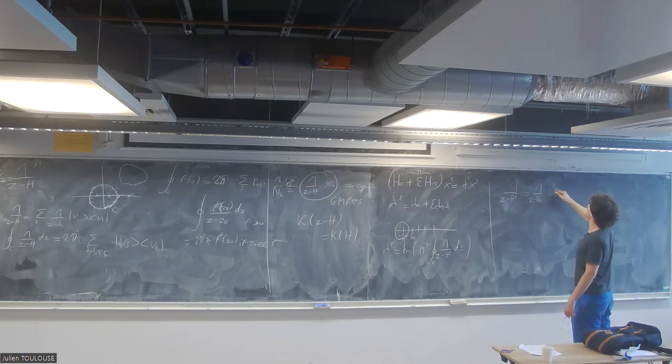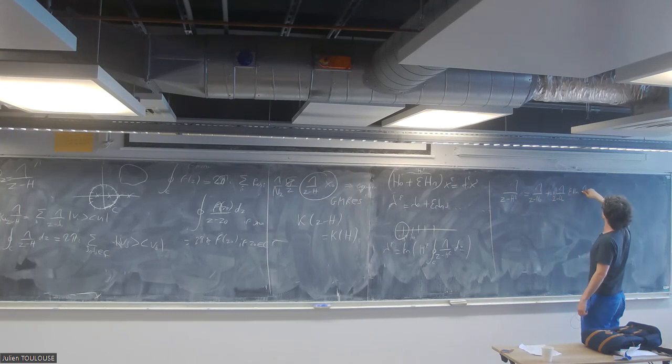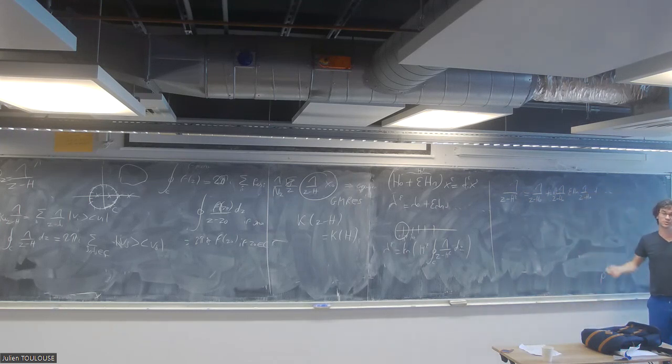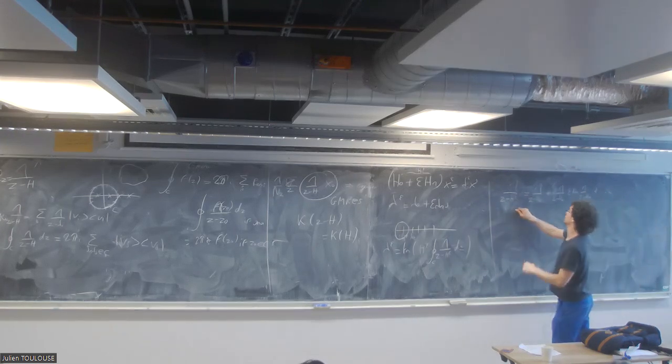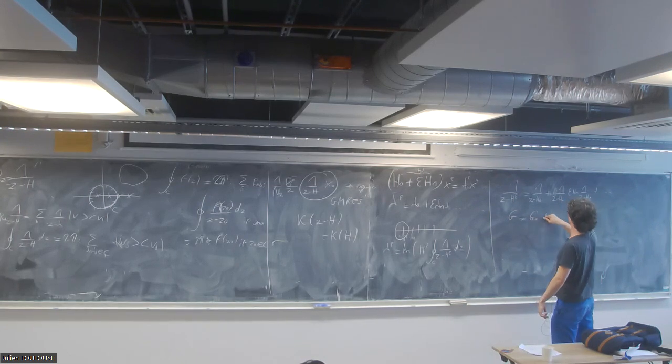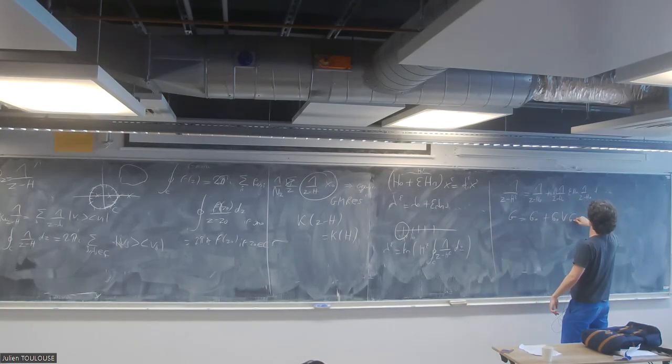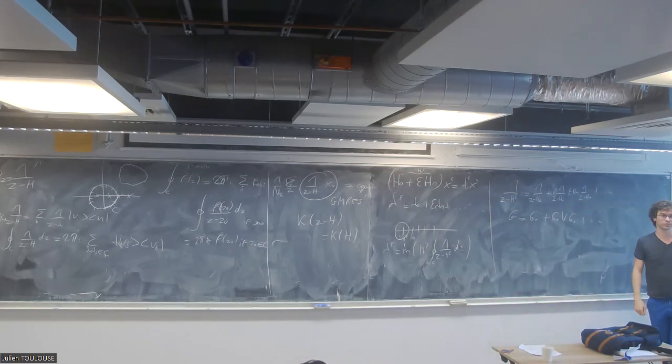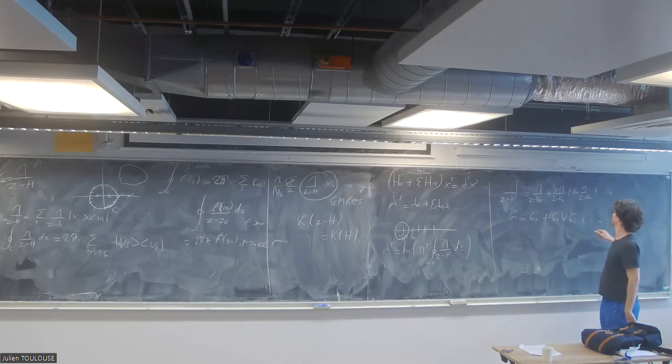Sorry, it's this plus 1 over z minus H0, epsilon H1, 1 over z minus H0. Yes. You know this as Dyson series, probably. This is the Green function, so G is G0 plus G0 V G0 plus and so on and so forth. Yes. So therefore, it's analytic.